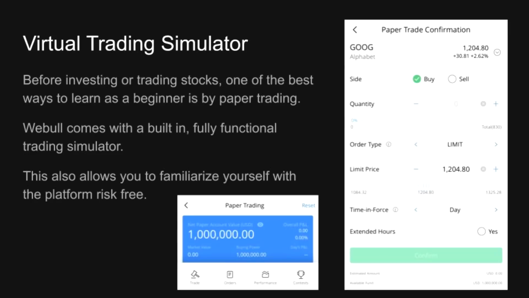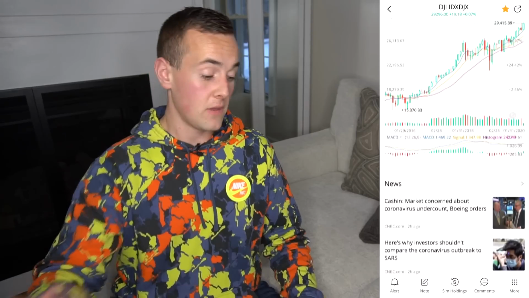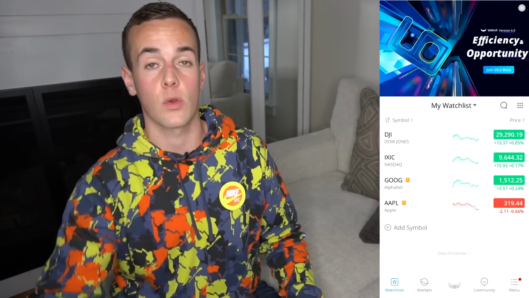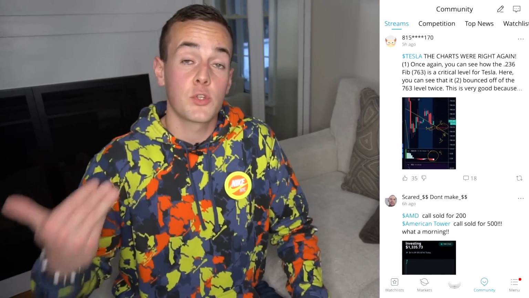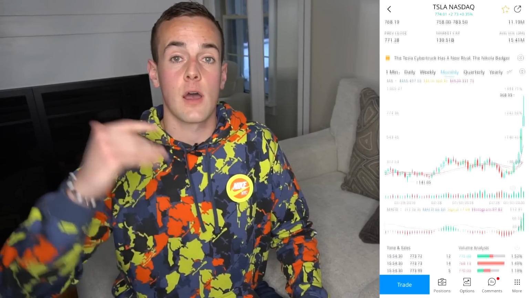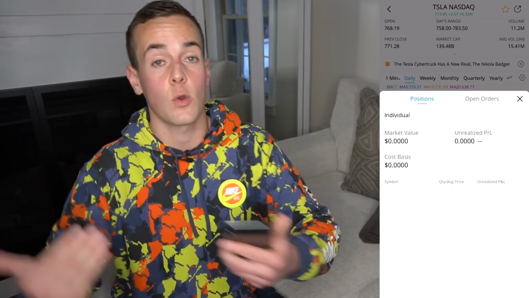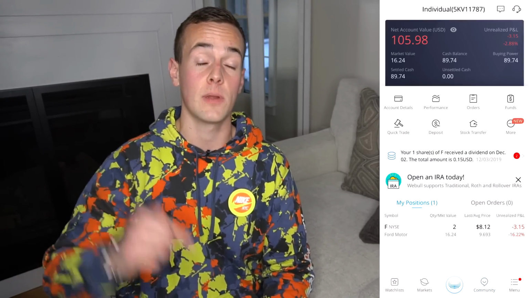And they also offer a really awesome feature, which is a free trading simulator. The entire app itself is free. There are no commissions whatsoever, no commissions with Robinhood either. But the trading simulator is a really cool feature because you get $1 million of fake money that you can invest with to practice investing or trading without risking your own money, and it also allows you to familiarize yourself with the platform.